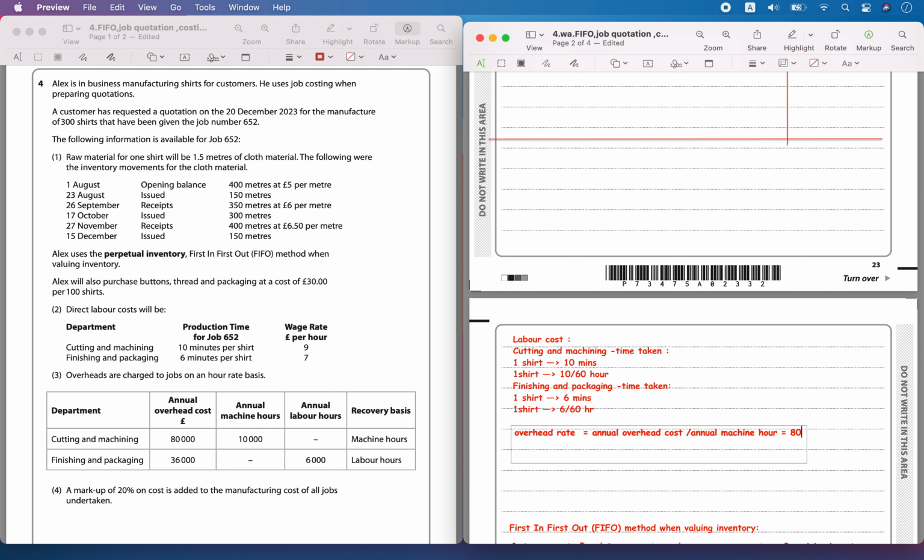That is equal to 80,000 divided by 10,000, that is equal to 8. So that's 8 pounds per hour. That's the OAR for the cutting and machining department.